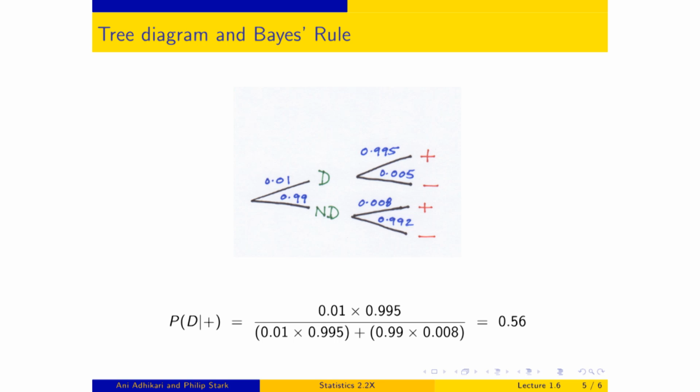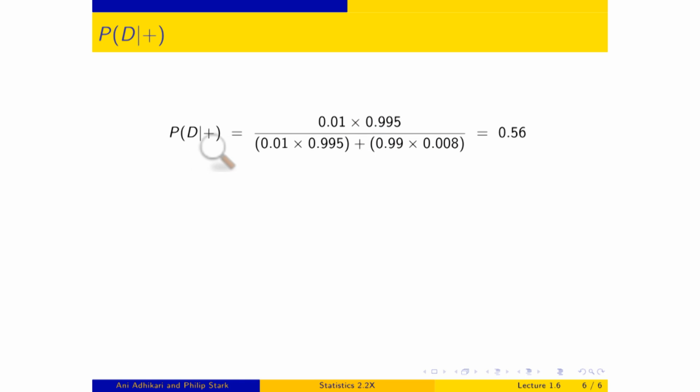As an answer to understand, it raises certain questions. This test is okay. I mean, its error rates are relatively small. They're there. The test could be better, but it's not dreadful. And yet, look what has happened. The person has tested plus, and we're saying the chance that they have a disease is around a half.